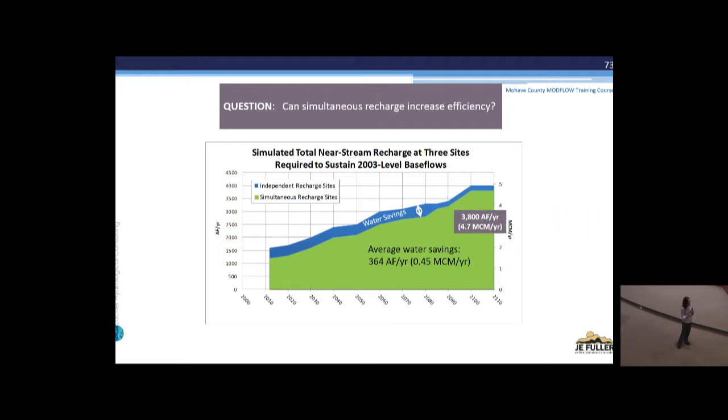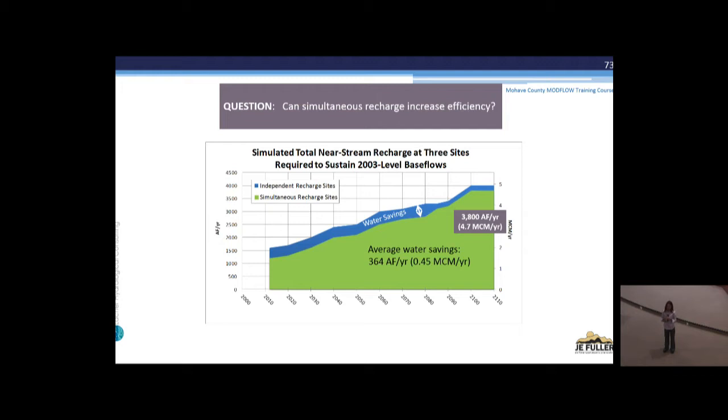But overall, we found this number of 3,800 acre-feet to be 100 years out. That was the number we were looking at. Much closer to the present, we're looking at only 1,500 acre-feet. So it became a problem that sounded somewhat manageable.